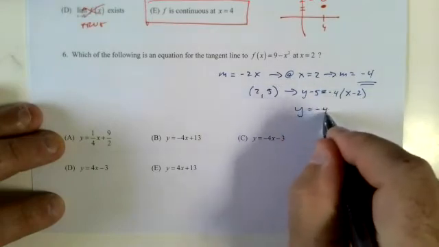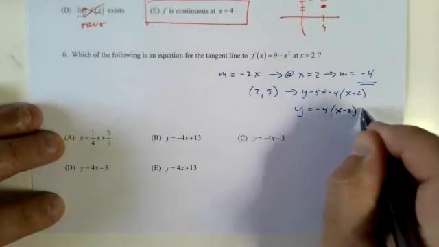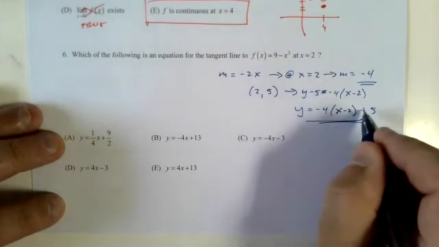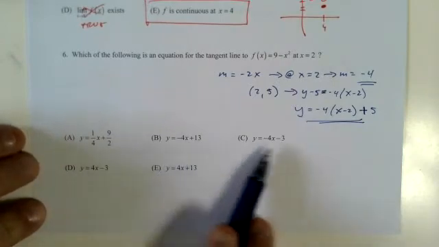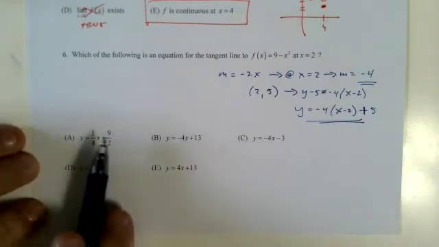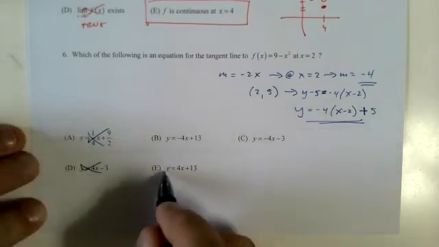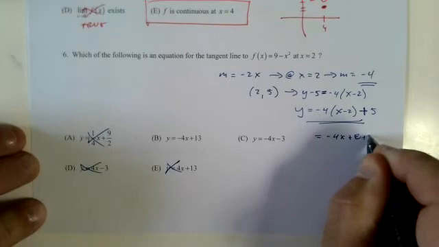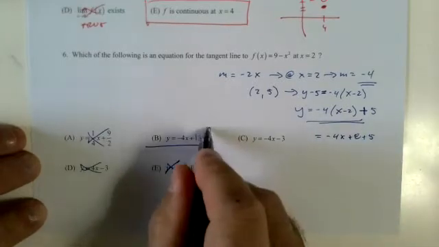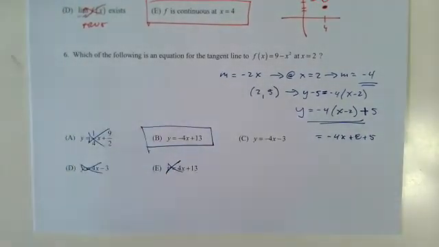Y equals negative 4 times x minus 2 plus 5. Negative 4x plus 8 plus 5. Done.